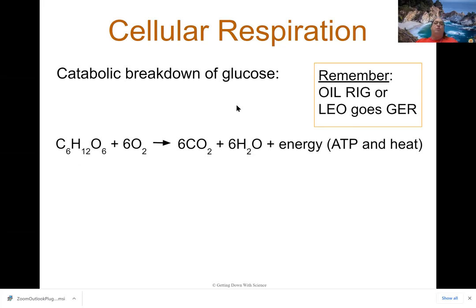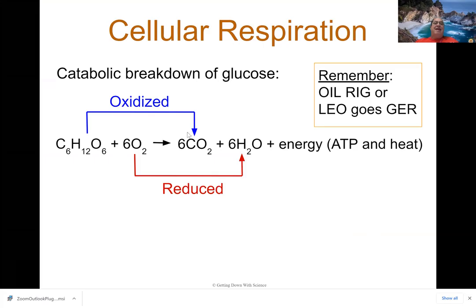So we'll start with the catabolic breakdown of glucose. So we've got glucose and we want to break it down. This ties once again to our redox reactions, our oxidation and reduction. So don't forget, Leo the lion goes grrr. Lose electrons oxidation, gain electrons reduction. So the sugar will be oxidized into carbon dioxide, and the oxygen is reduced to form water.